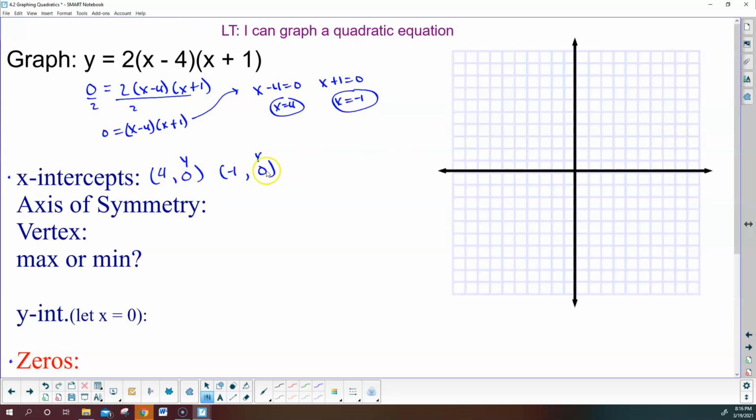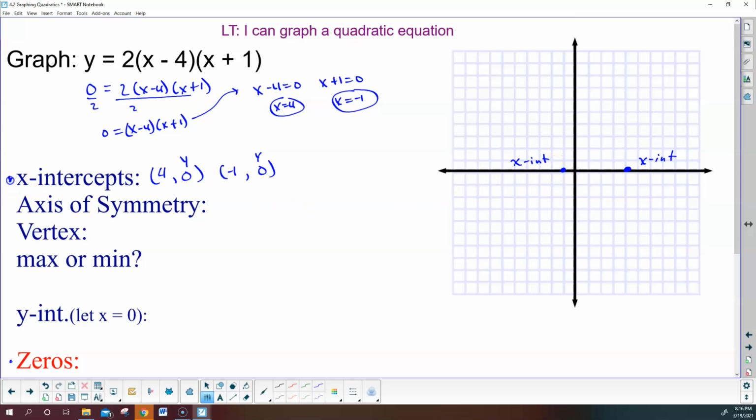The first thing I'll do is plot those because they're going to tell me something about this graph. So go over 0, go over 4, 1, 2, 3, 4, up 0. There's my first x-intercept. And then go over 1 to the left and up 0. And there's my second.